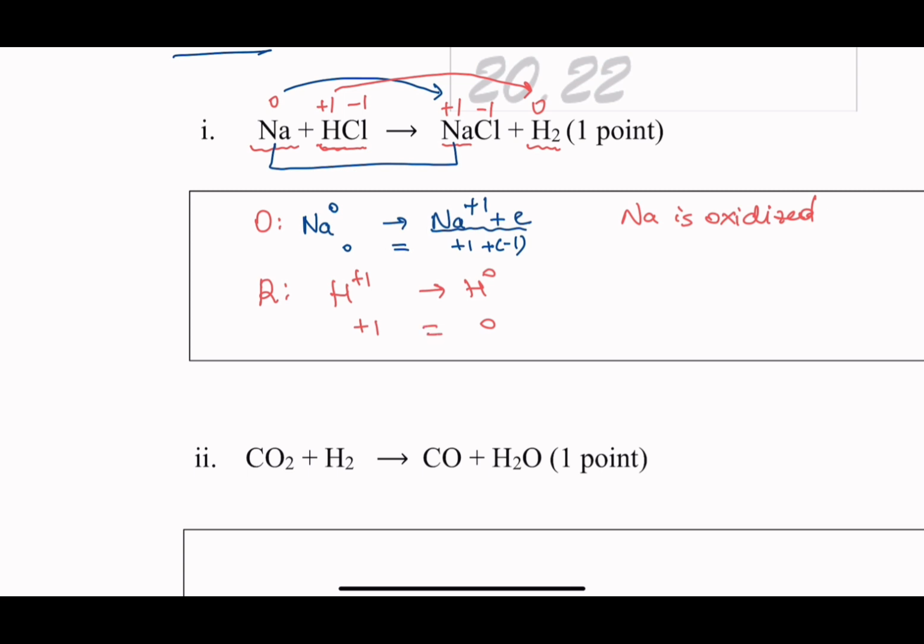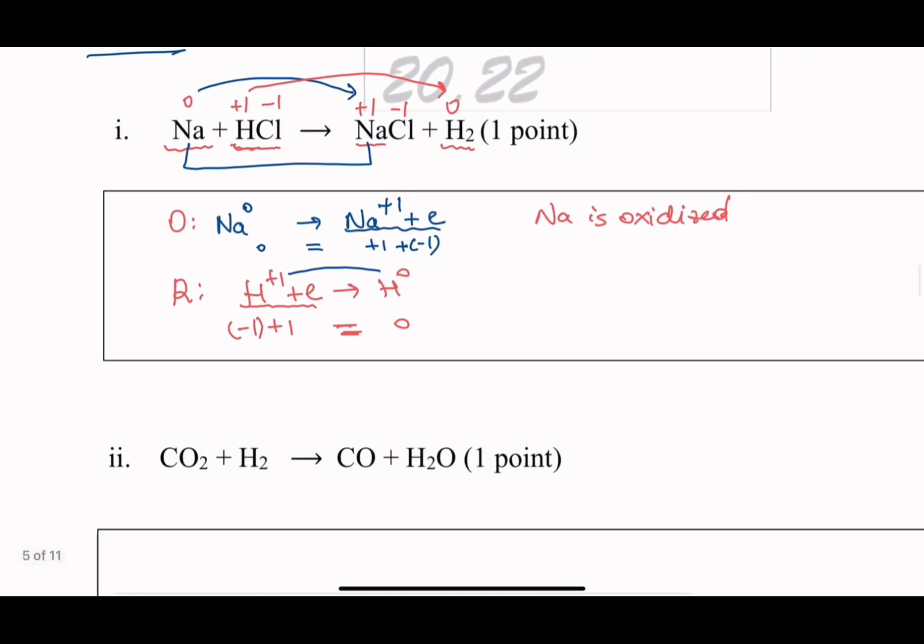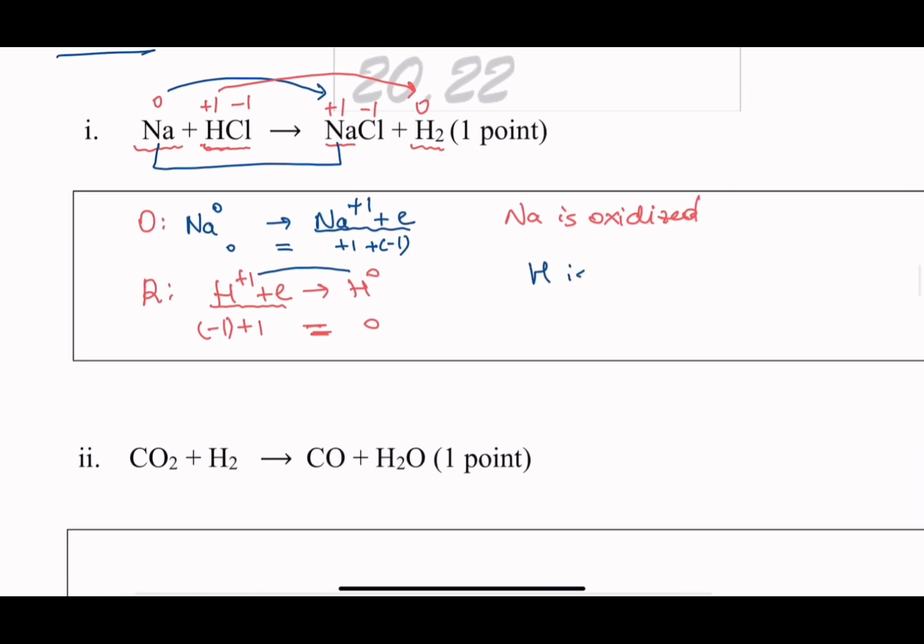If I add -1 on this side, both sides will be equal, right? So this -1 is just 1 electron, and 1 electron is gained. Also because my number went from higher to lower, I know this is reduction. So hydrogen is reduced.